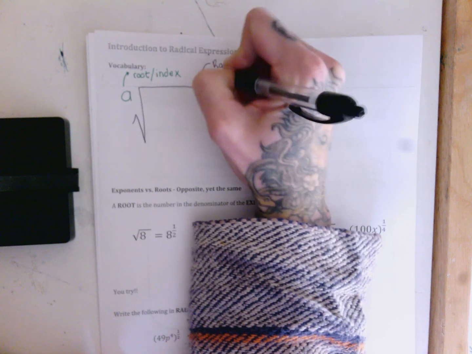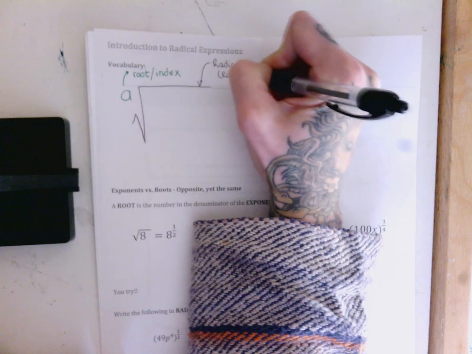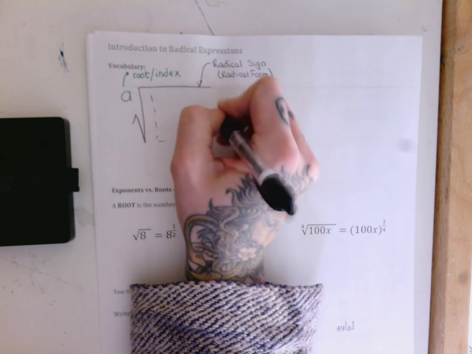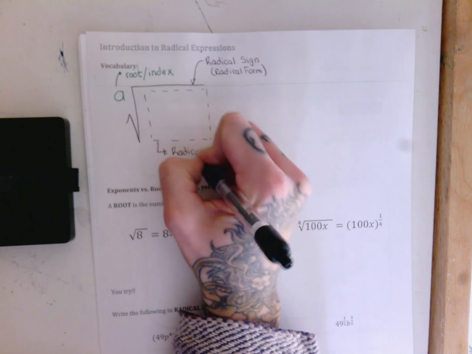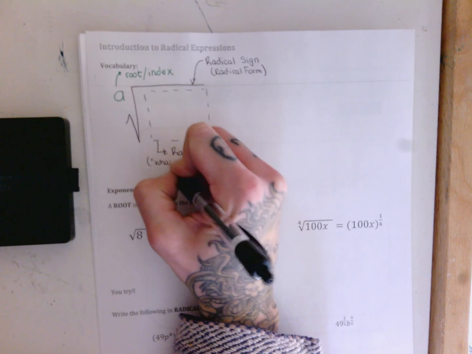This denotes that this is in radical form. And then the thing that I have underneath this radical sign, we call that the radicand. This is what's underneath.